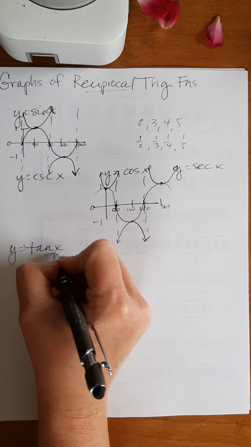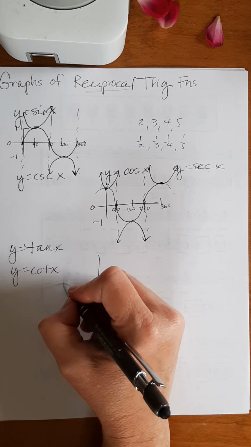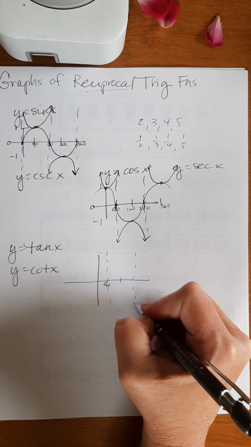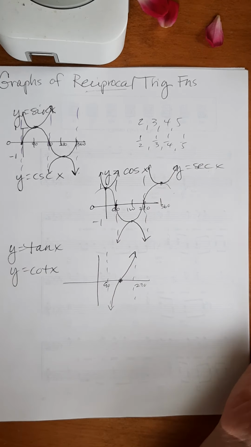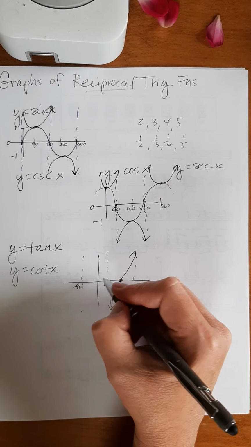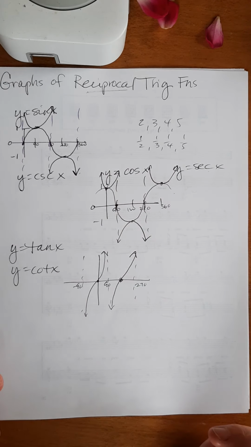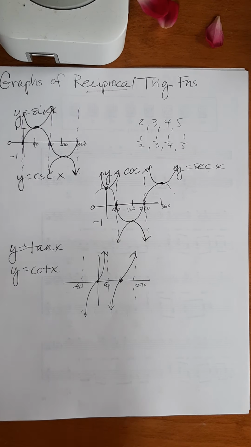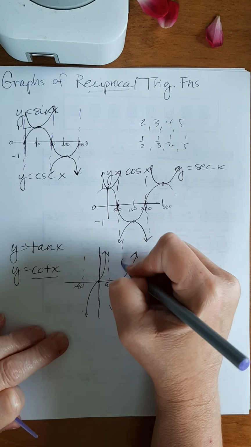Last but not least, tangent to cotangent. Tangent, you know, if you take 90, 180, 270, this gives you one complete curve. Just like if you wanted to go over here to -90 at 0, one complete curve. Well, the same thing is going to happen. Remember on this, with cotangent, zeros become asymptotes.